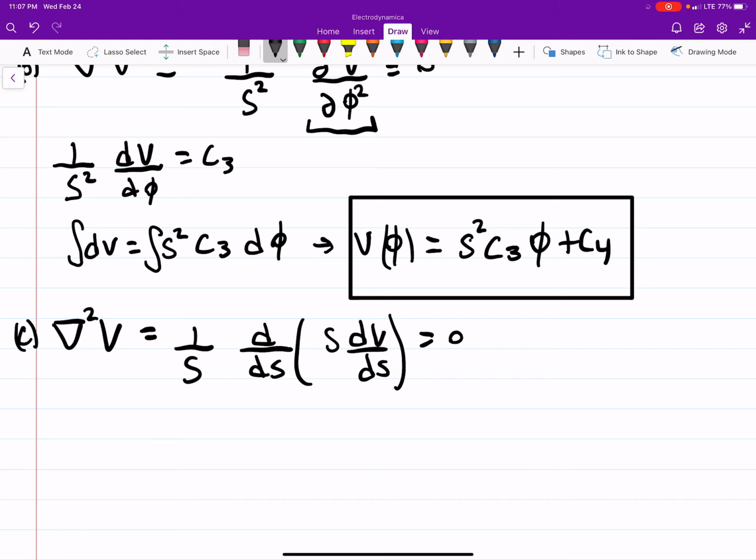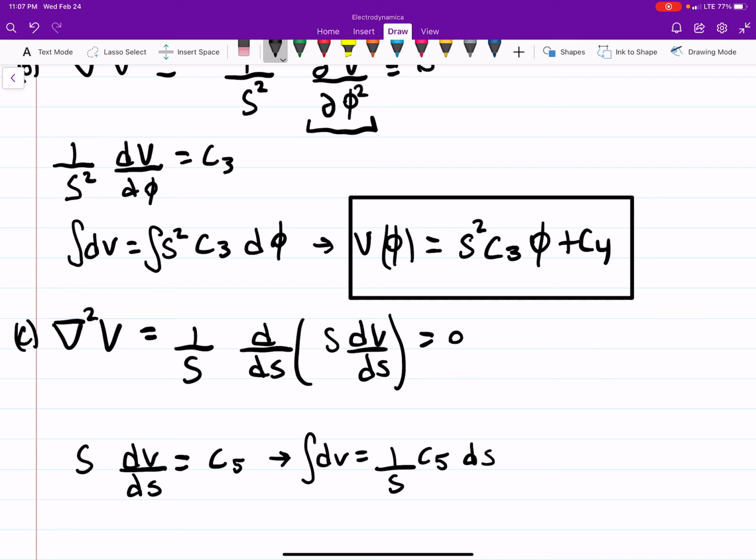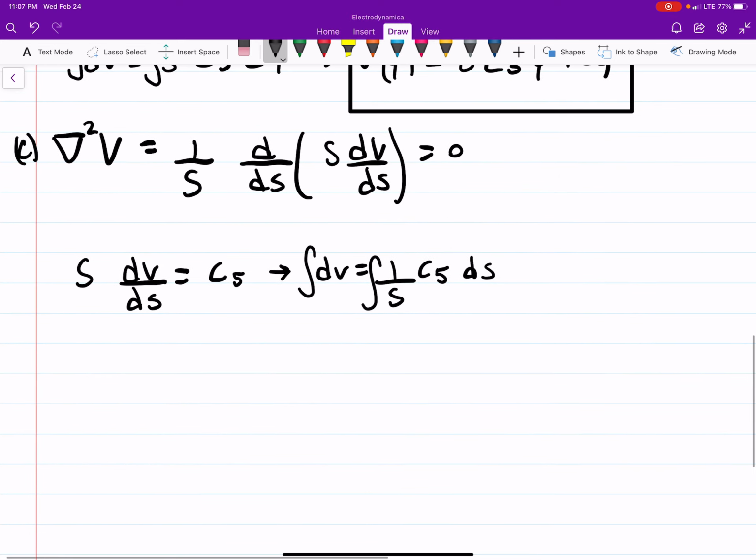Essentially what that means is like before, that s dV ds should equal a constant, which I'll call c5. Then dV is 1 over s c5 ds, and solving for a potential, V as a function of s is c5 times the integral of 1 over s, which is natural log of s, plus c6, another arbitrary constant.